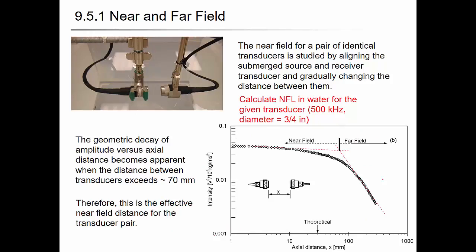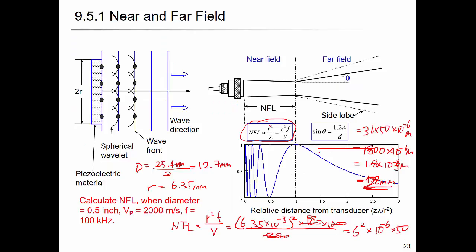So here, intensity. The near field of a pair of identical transducers is studied by aligning the submerged source and receiver transducers and gradually changing the distance between them. And here the diameter was 3/4 inch and 500 kilohertz. In this case, how much would that be? With 500 kilohertz, F is 5 times, so 2 times 5, that's 10 millimeter.